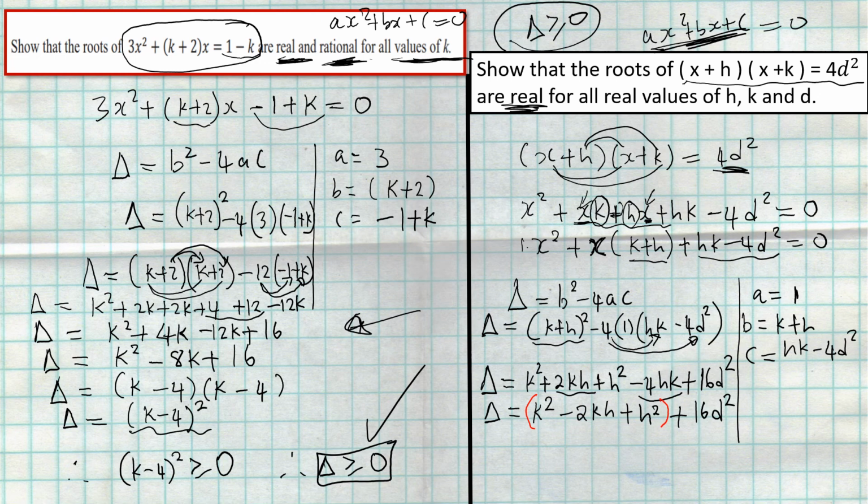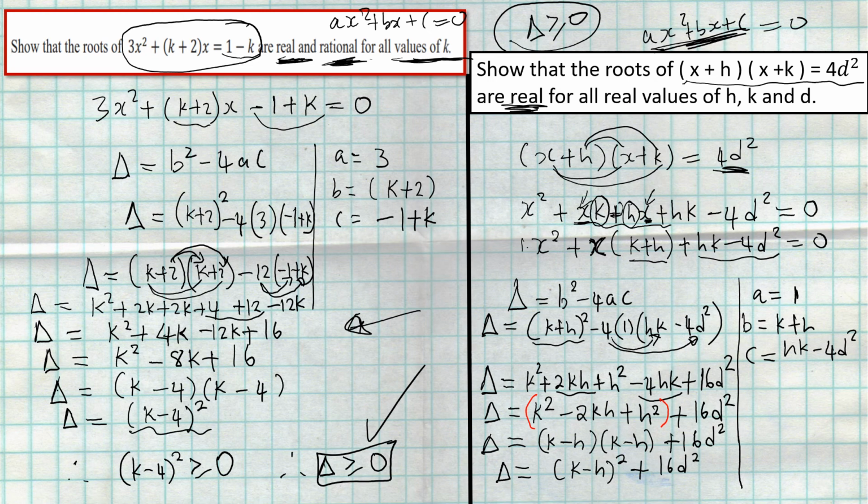How can you factorize it? By opening your two brackets, and I think it's gonna be (k minus h)(k minus h), right? Then we have plus 16d squared. Okay, so our delta, look at this, k minus h times k minus h is (k minus h) squared plus 16d squared.